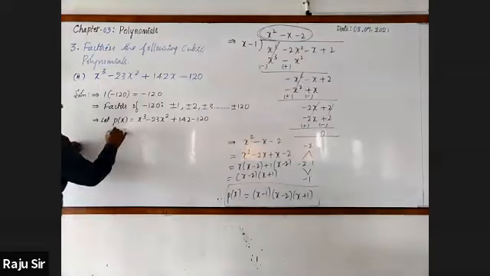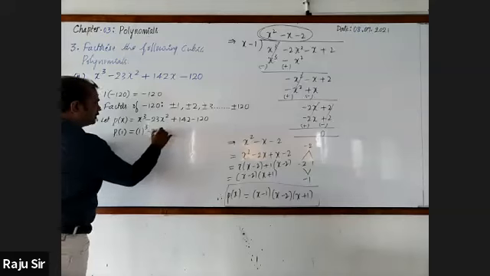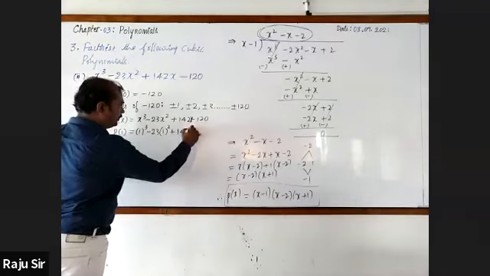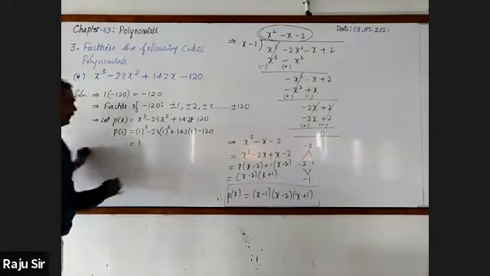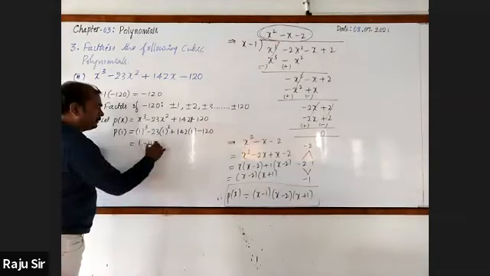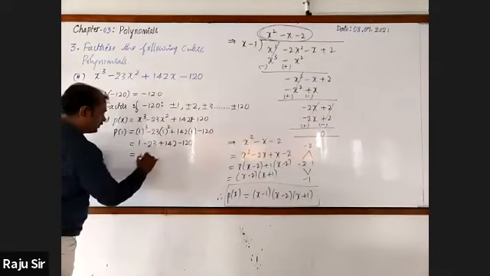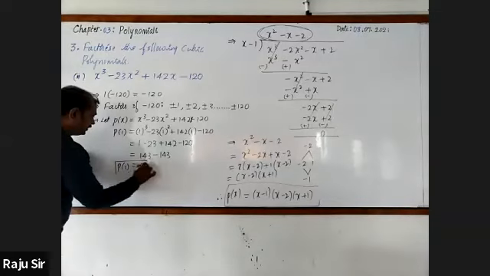Right. P of 1 is equal to 1 whole cube minus 23 into 1 whole square plus 142 into 1 minus 120. It is 1 cube is 1, square is 1. 1 into minus 23, minus 23. 142 plus 1 is 143. Minus 120. Then this is equal to 143 minus 143, which is equal to 0. So P of 1 equal to 0.